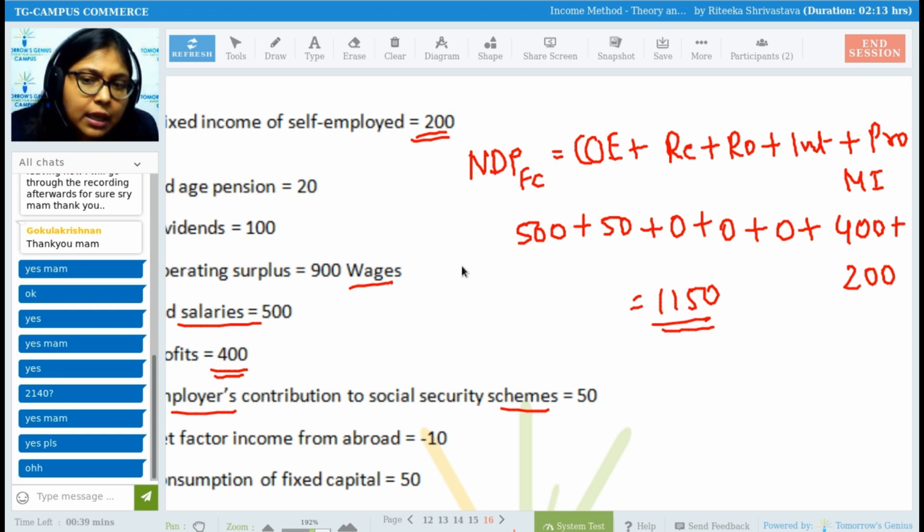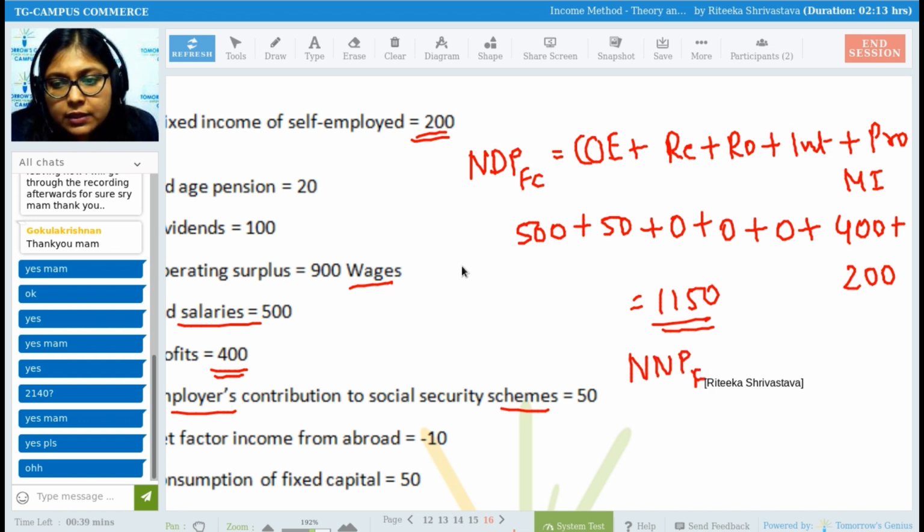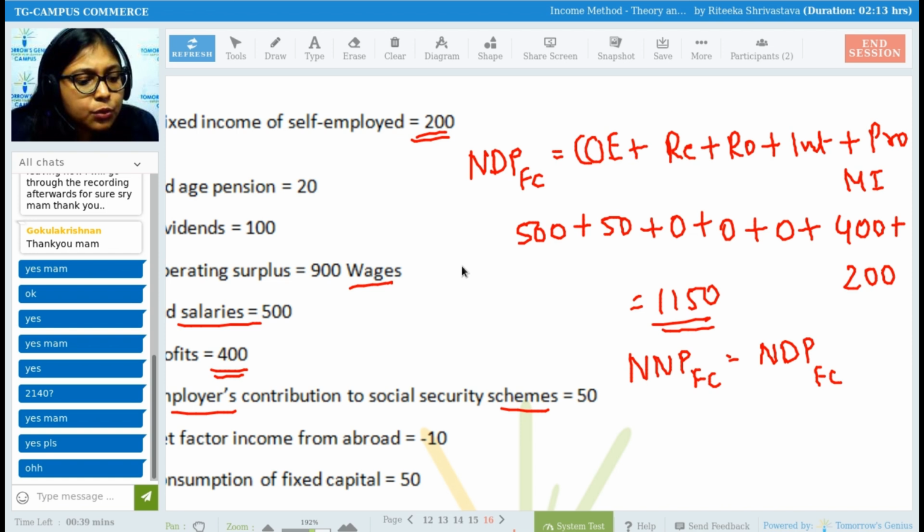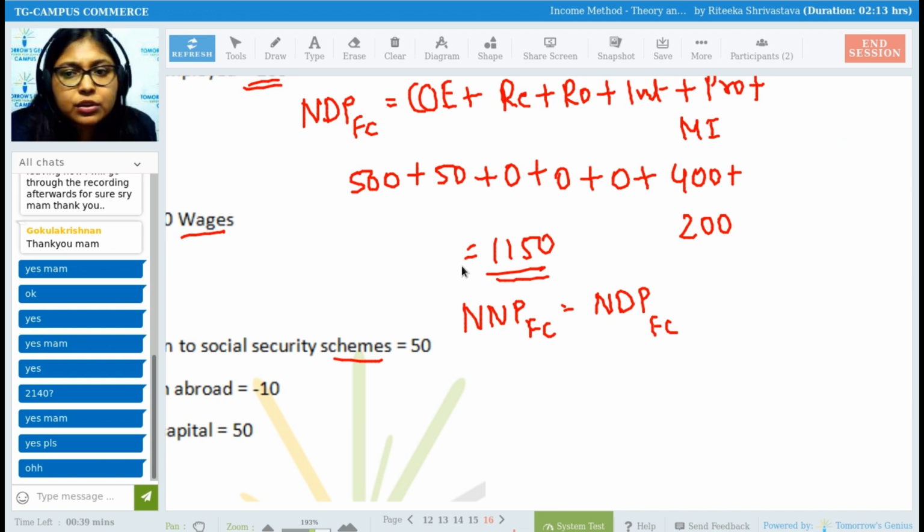Now we have to find out NNP at FC. So NNP at FC is equal to NDP at FC. Net to net, no need to change anything. To go from domestic to national, what do we do?